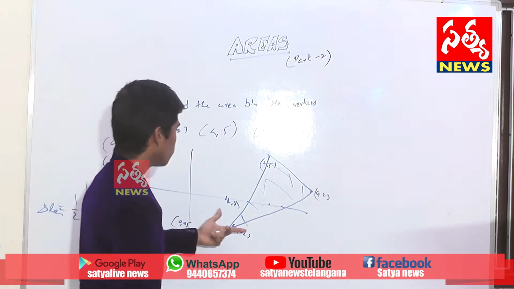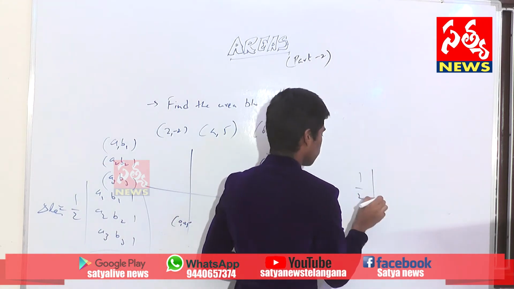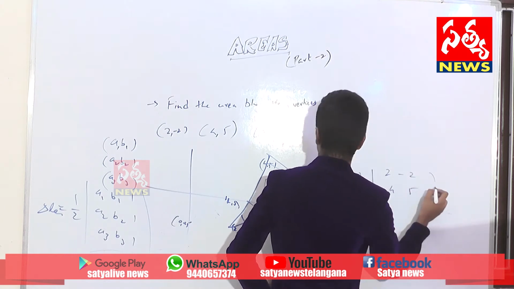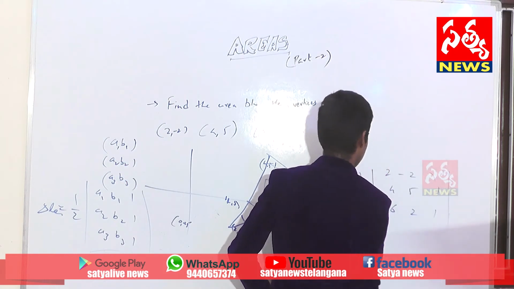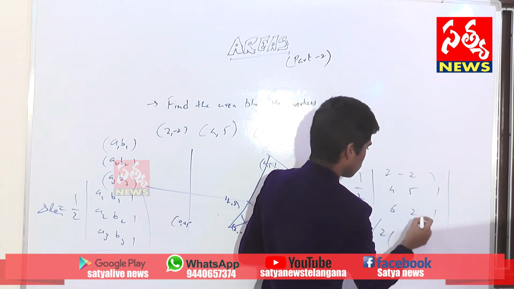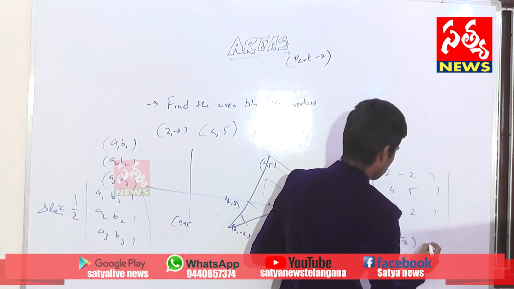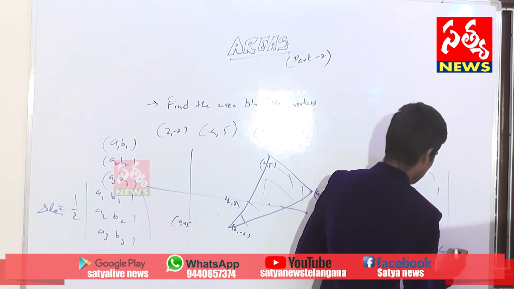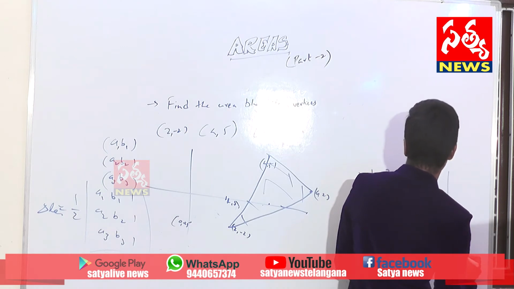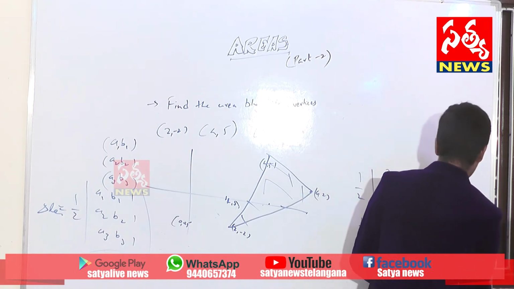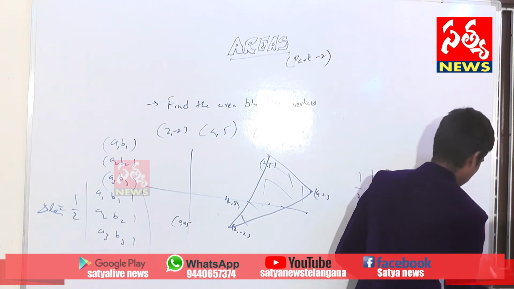So if we apply it here, we get half into the matrix with rows 2 minus 2 1, 4 5 1, 6 2 1. Half into 5 minus 2, plus 2 into 4 minus 6, plus 8 minus 30.